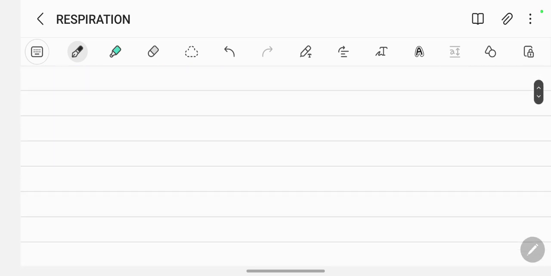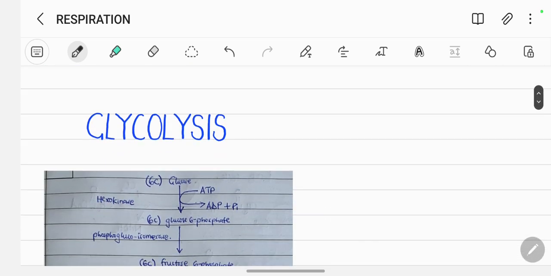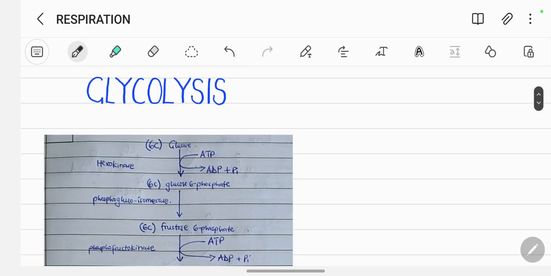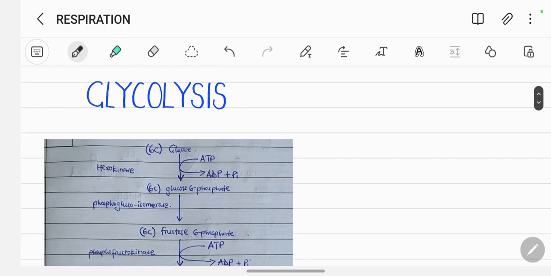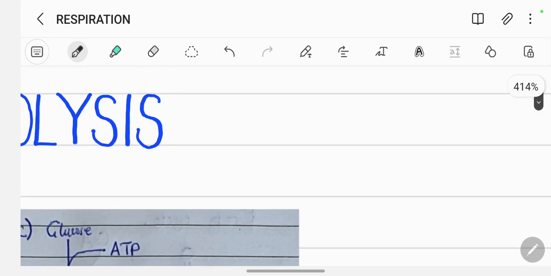I will begin with glycolysis here. So under glycolysis, our substrate is going to be glucose.